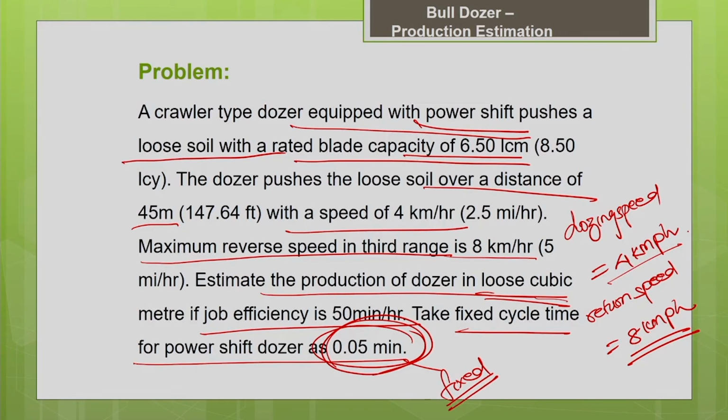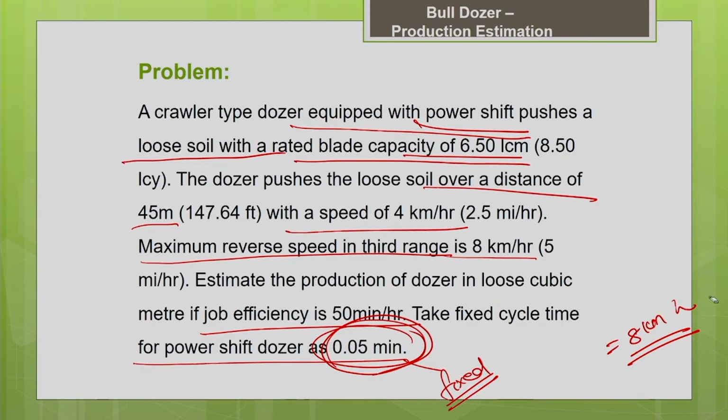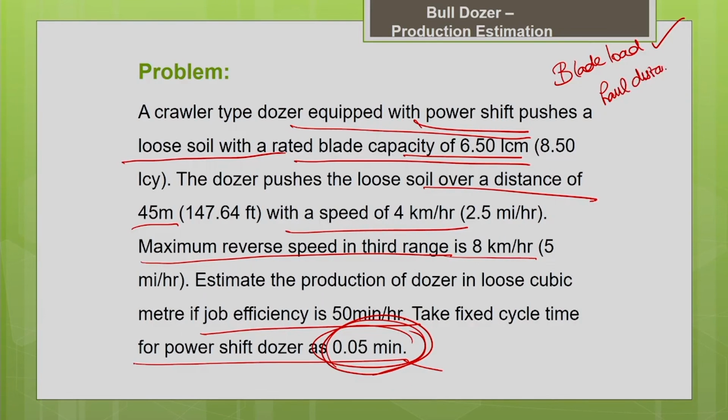Now we are going to estimate the productivity of the bulldozer with the available input data. So how to estimate it? You know the blade capacity, you know the blade load, that is known. You know the haul distance, the dozing distance is known. You know the speed of the machine.